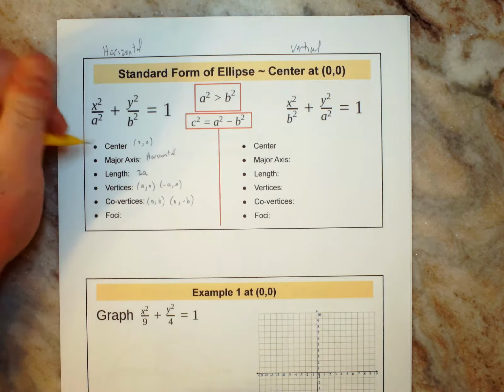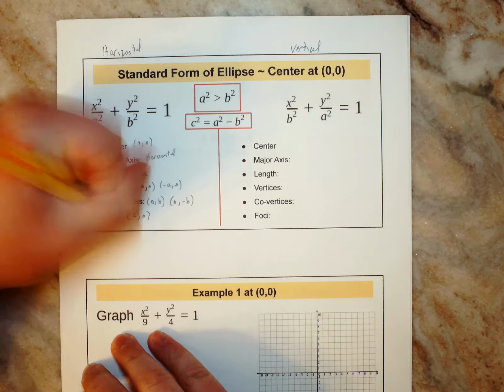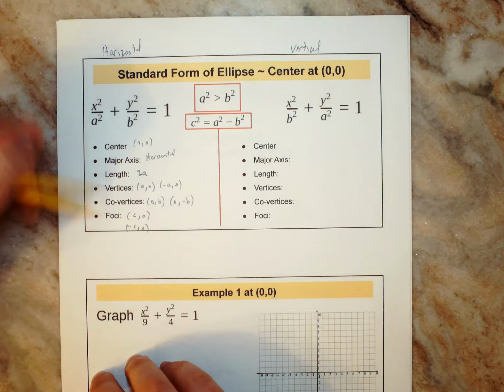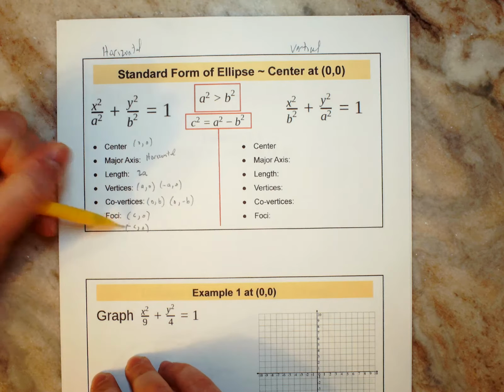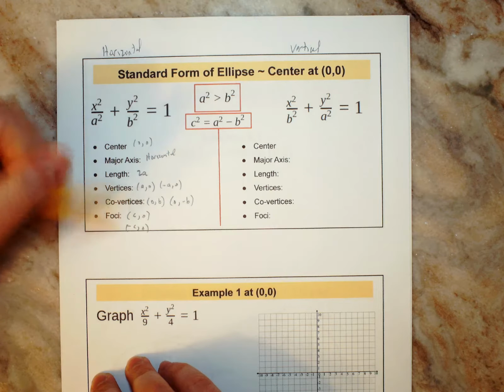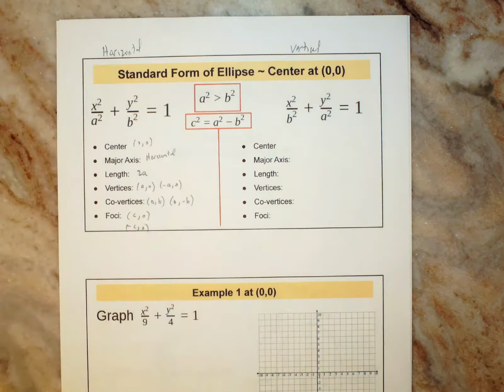Your foci are going to be c comma 0, negative c comma 0. Notice that the foci and the vertices are both going to be on the x-axis. They're both in a line. That is because it is a horizontal ellipse and because the major axis is horizontal.